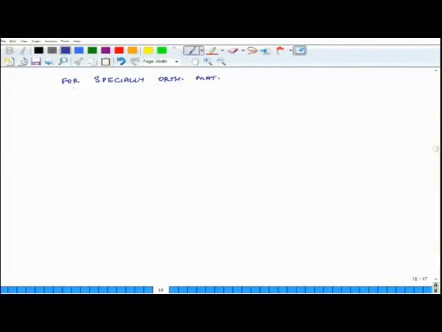So, first we do that and then we simplify it. Sigma 11 is equal to C11 epsilon 11 plus C12 epsilon 22 plus C13 epsilon 33. C14, 15, 16 are not there because the material is especially orthotropic, it has only 9 constants.